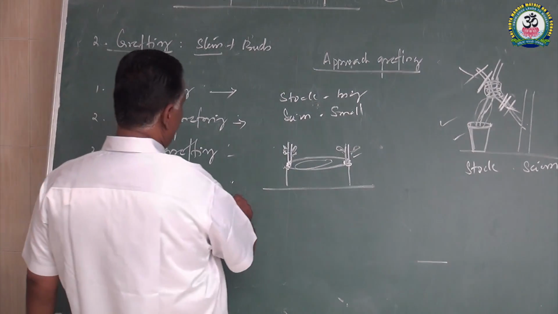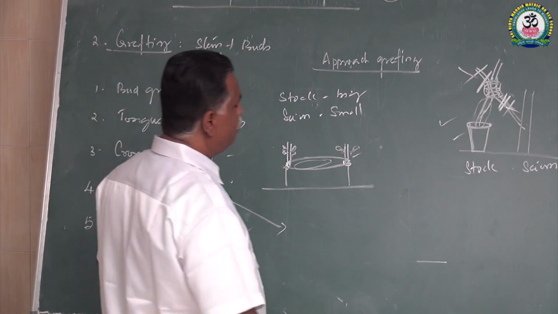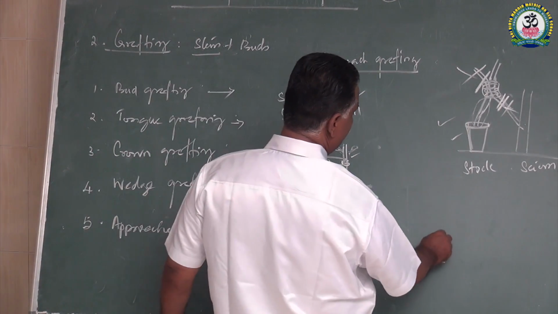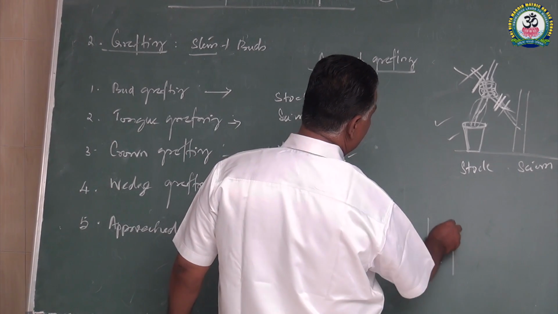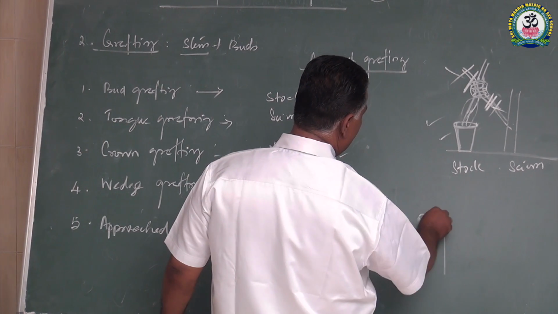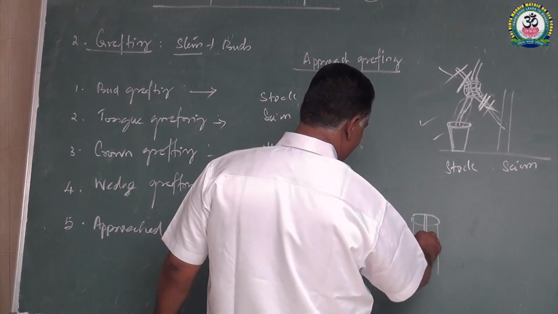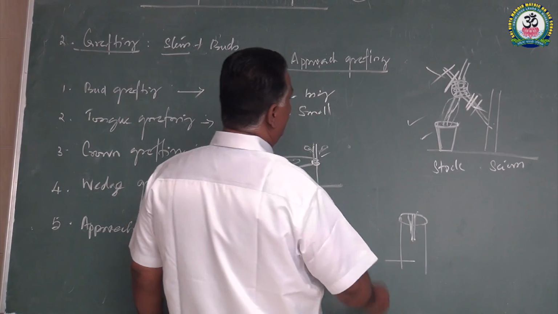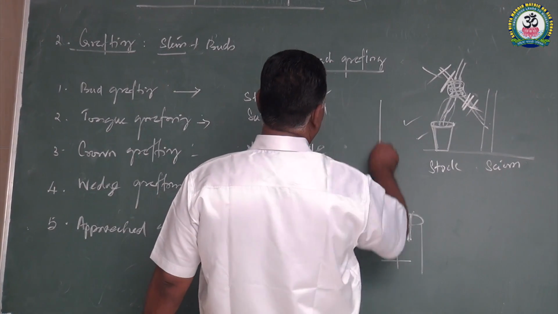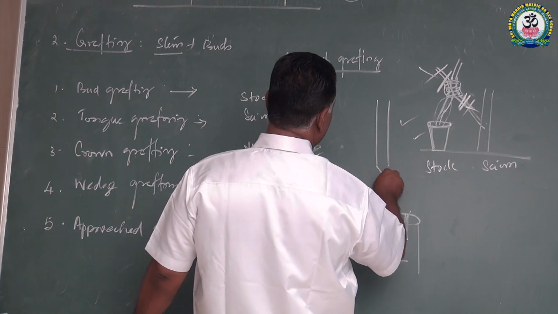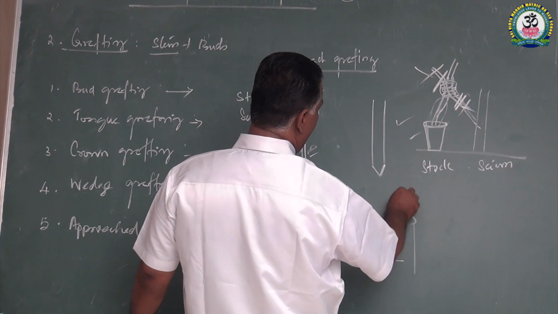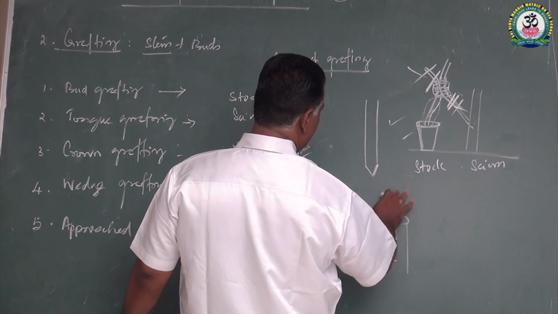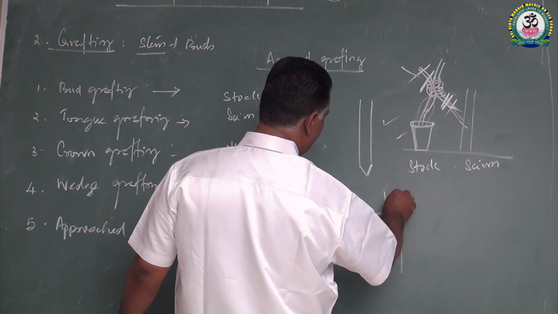Then wedge grafting. In wedge grafting, the stem of the stalk is split at the center, and a scion is taken. The scion is cut on both sides and fixed in the stalk like this.